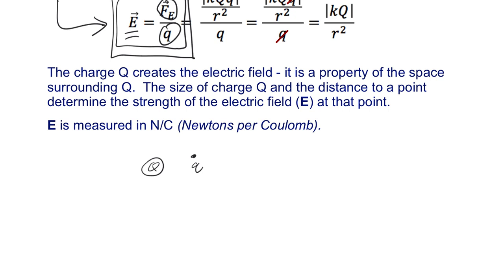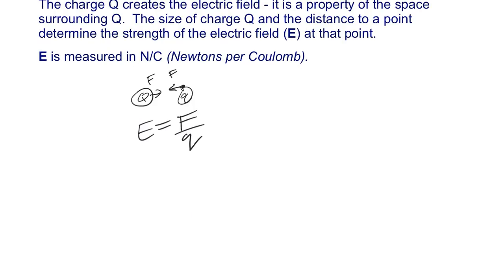So the electric field strength at the location where the test charge is equals the electric force between big Q and little q, divided by little q. That's one equation for field charge. And you can see that the units are newtons per coulomb.